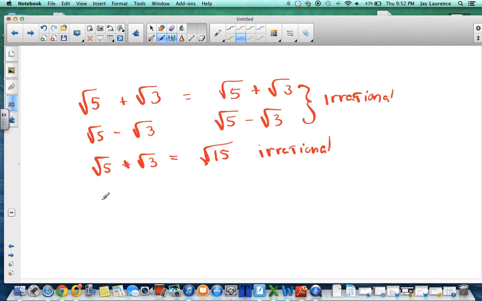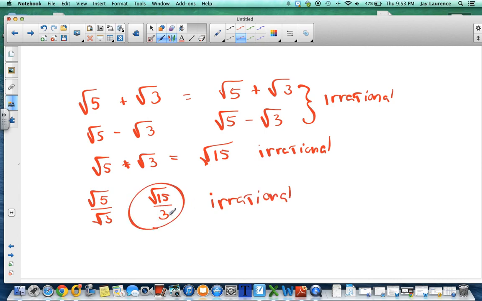And then if you have the square root of 5 divided by the square root of 3, that's a weird one. You're going to have to learn how to rationalize the denominator. I'm not going to do it right now, but it's going to end up being the square root of 15 over 3, which is also an irrational number. I don't expect you to know how to do this for the test. I'm just telling you what that is right now.